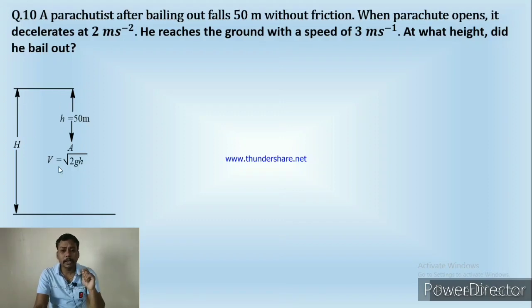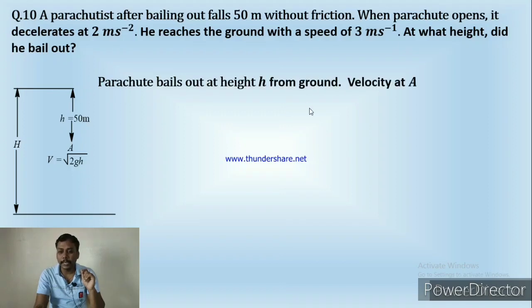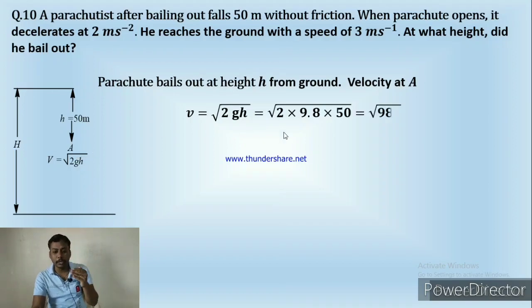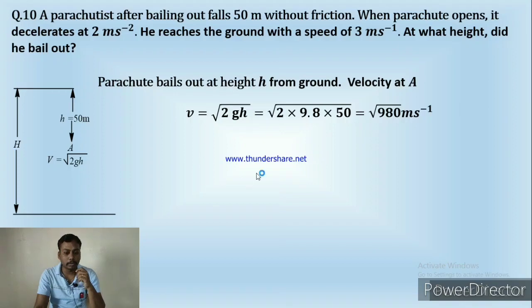Now the parachutist bails out at a height H from the ground. What is the velocity at point A? v is equal to root 2gs, because this is the condition of free fall, and during free fall the velocity is v equals root 2gh.